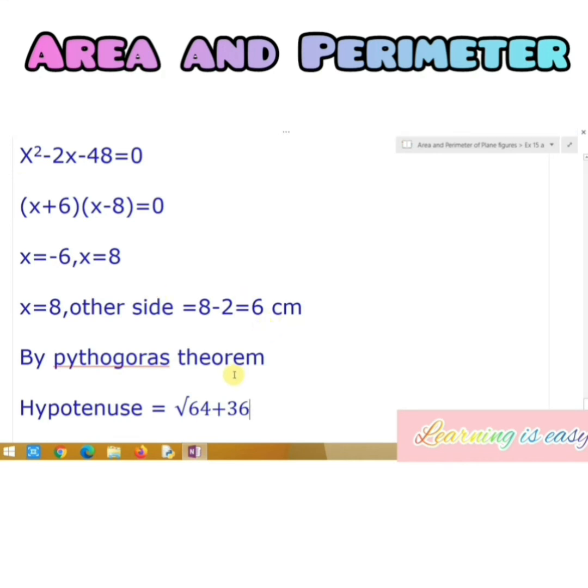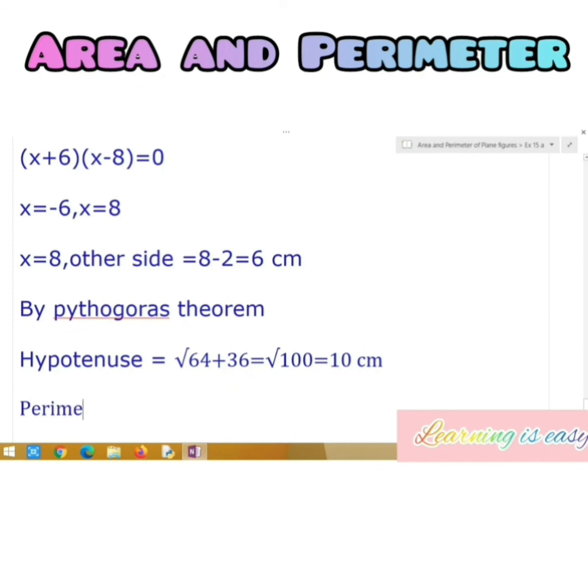So square root of 100 is 10 centimeter. So that's the third side. So when we have all three sides, we can find the perimeter, which is just a sum of the three sides of a triangle. So 10 plus 8 plus 6, that's going to be 24 centimeter.